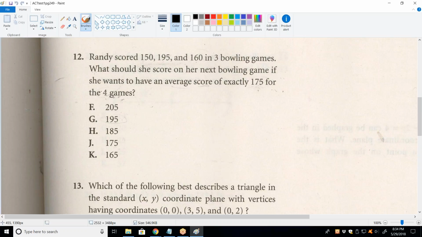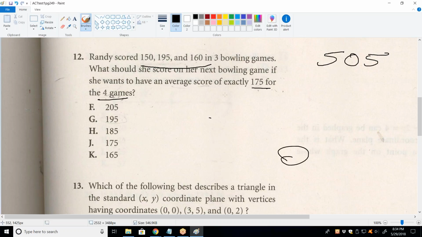So that tells me the very first thing I have to do here is total those three numbers. What is that total? 505. The next thing I have to do is if I want to average exactly 175 over 4 games, what does my total need to be for 4 games? So could I just try all the numbers?